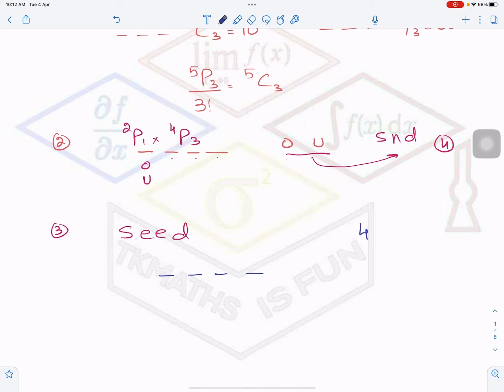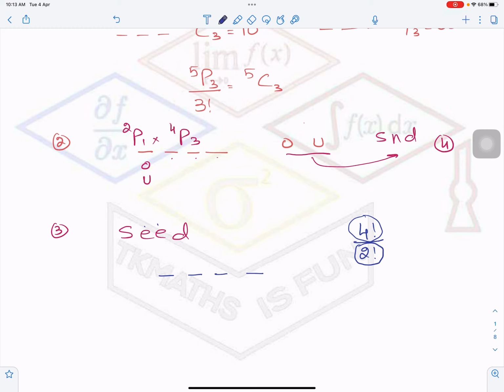I will simply do 4 factorial divided by 2 factorial, right? Because there are 4 letters for which I am doing 4 factorial, and there are 2 identical letters, so their effect will cancel out if I do divided by 2 factorial, right? You know, in the cases of repetition, we have to divide by the number of identicals there are.